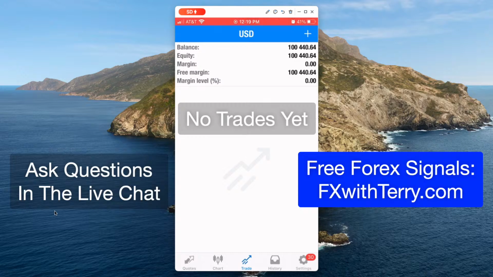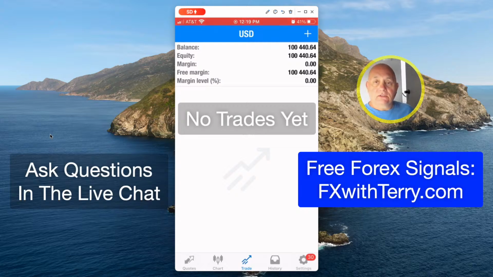Someone said that's a big account. Wrong way to look at it. This is my signal account. I send out a signal from this account. You can take these signals and these trades on any account. Absolutely any account, any broker, any account size. So this is just a sample feed that I send my trades out from.